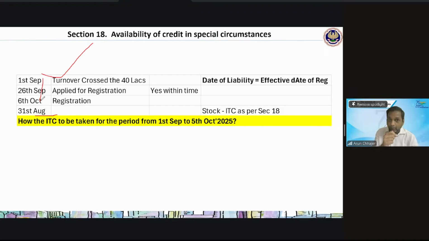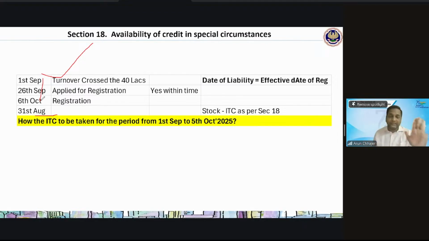Because whatever stock is lying in my hand on the 31st August, the equivalent ITC I will take by ITC-01. But from 1st September to 6th October, I am making supplies on which I am paying tax to the government, and then obviously I would be entitled to claim the ITC.